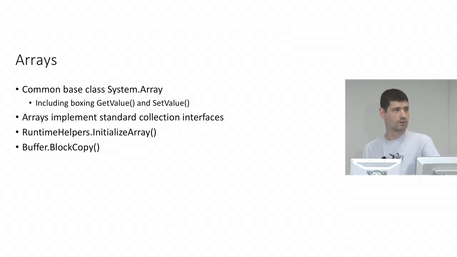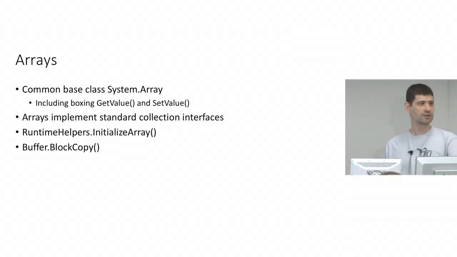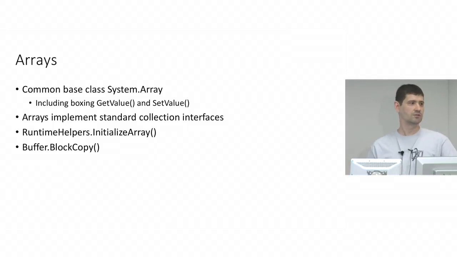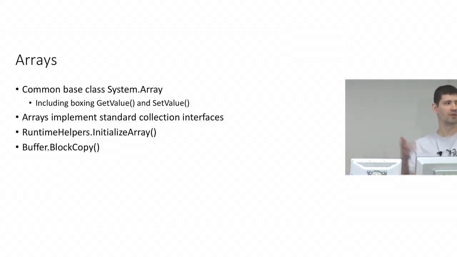So it's not generified? It is generified in the sense that arrays implement generic interfaces. So, for example, if you have an integer array, it implements IList of int, but the base class is not generified. That would sort of defeat the purpose, because then you would not have a way to say array, just any type of array.